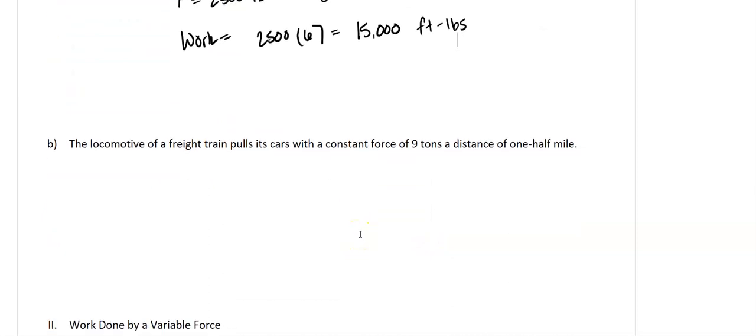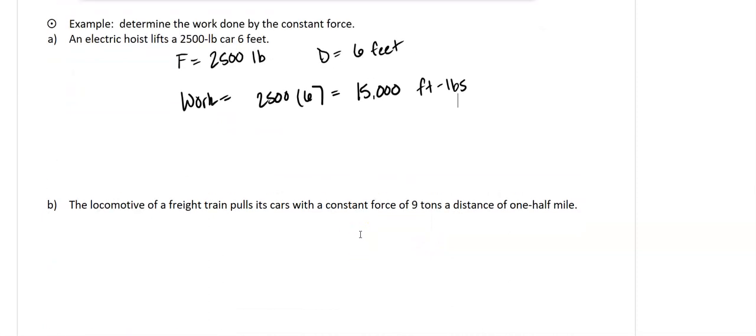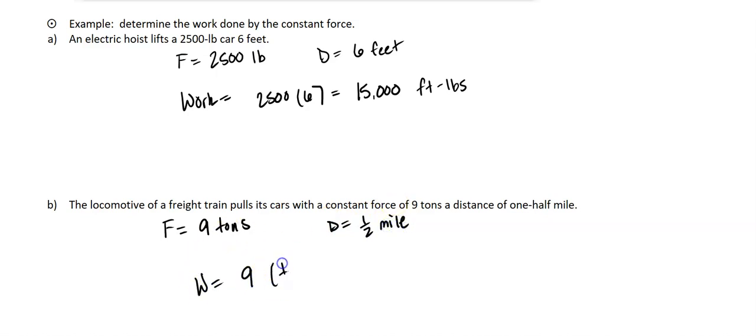Another example says the locomotive of a freight train pulls its cars with a constant force of 9 tons a distance of 1/2 mile. So F would be 9 tons and d would be 1/2 of a mile. So the work would be 9 times 1/2, which is 4.5, and we'll just call that mile-tons.